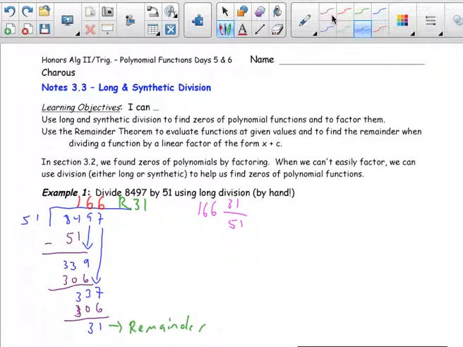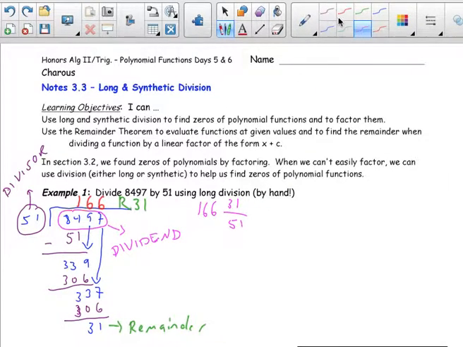I also want to review some of the terminology. The number that we divide by, this number over here, is called the divisor. The number that we divide into, this 8497, that's called the dividend.